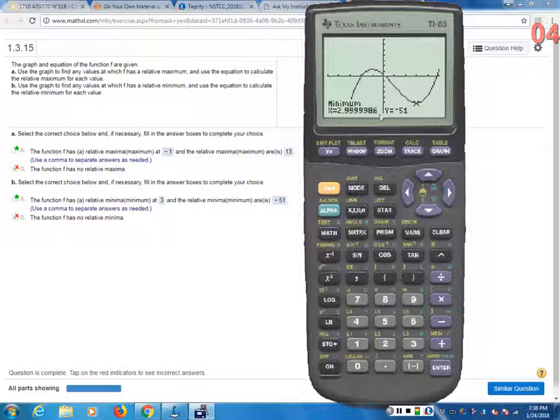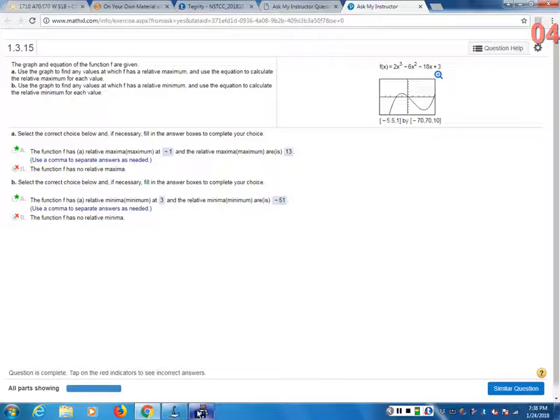The calculator approximates it. When you see 2.9999986, that means 3. Okay? So I think it would be hard to read on the graph that this was -51. So that was a hard problem.